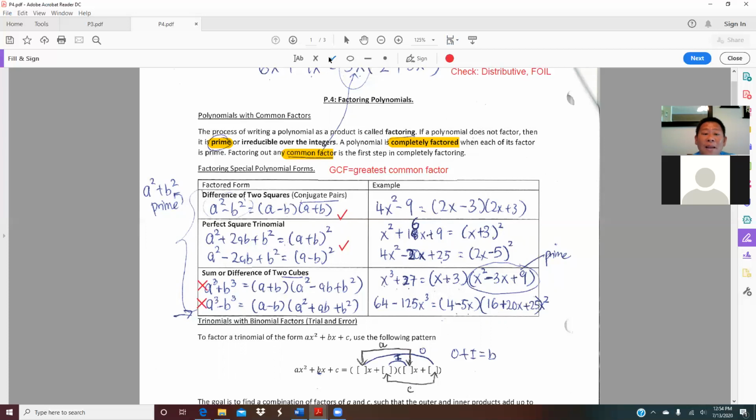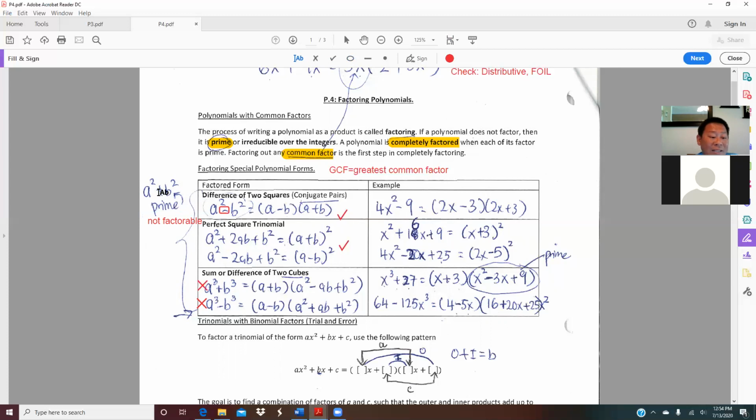But there is something very important here. If this is a minus, you can factor it. But if this is a plus, then this is prime. Again, prime means that this is not factorable. So make sure you know that you can only do this when it is minus.